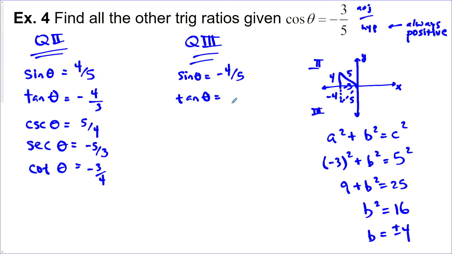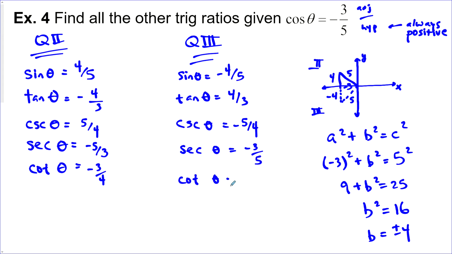Tan, -4/-3, that becomes +4/3. Cosecant is the reciprocal of this one, so it's just going to be negative instead of positive like this. Secant will be exactly the same because we're taking the reciprocal of this, which is the same for both of these. And cotangent is the reciprocal of this, 3/4.